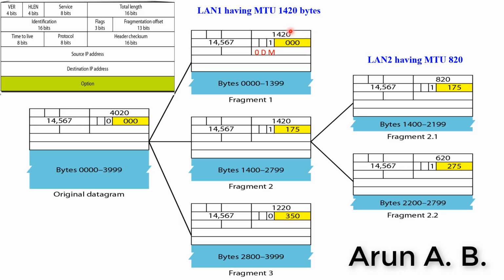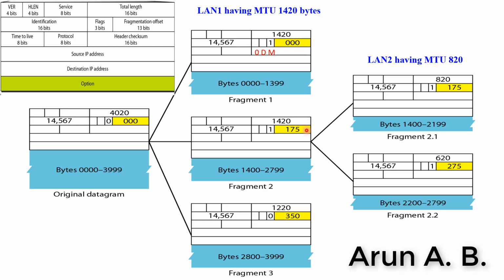This 20 is the header, we leave it. 1400 divided by 8 gives us 175, right? And the very next offset, 350, is again calculated from the size of the previous packet. Here the size of the previous data is again 1400, and 1400 divided by 8 again gives us 175.